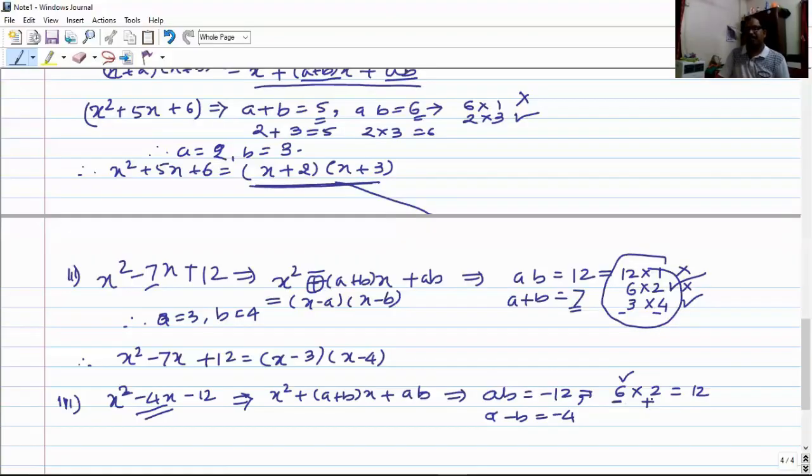If you listen and understand it carefully, it will never be forgotten, right? So here I repeat once again, whenever the second and the third term are negative, whatever factors we have chosen, the middle term sign should be given to the greater one, and the opposite sign should be given to the smaller number.